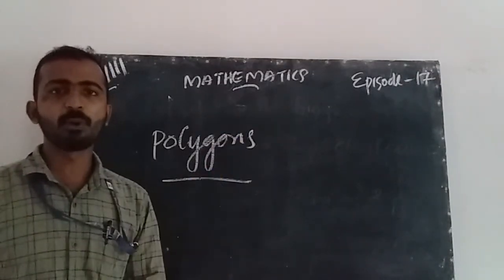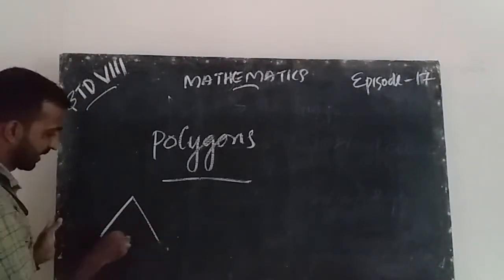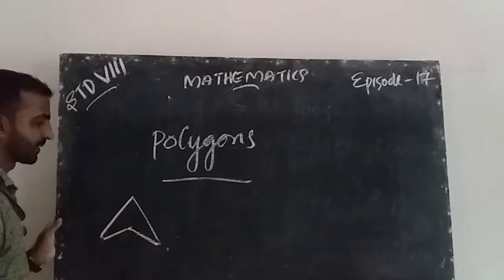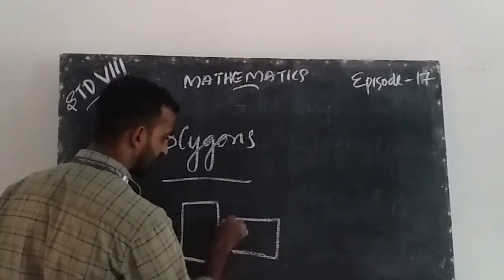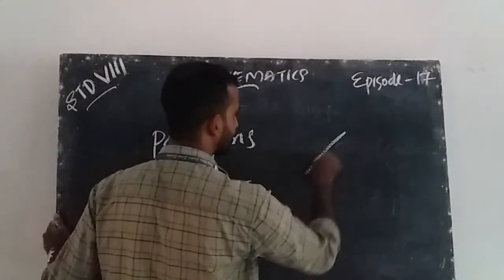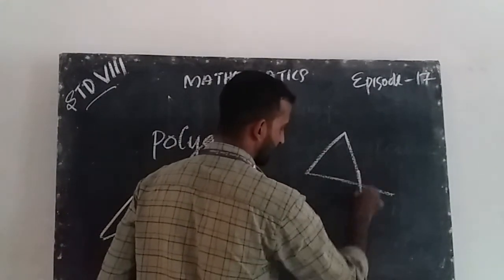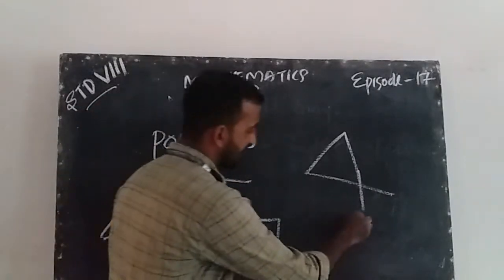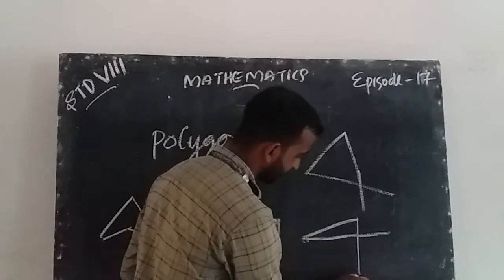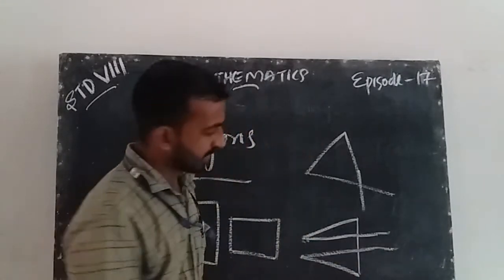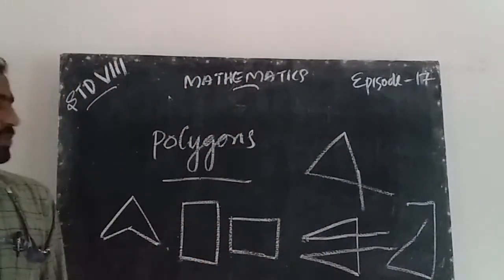Some are polygons, some are not polygons. These are the pictures in your textbook.